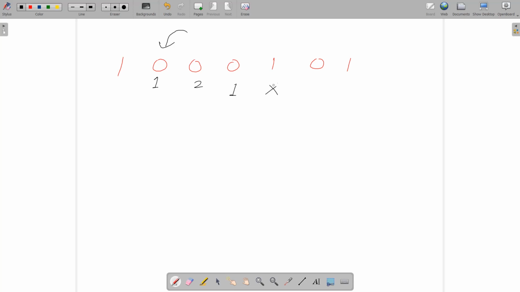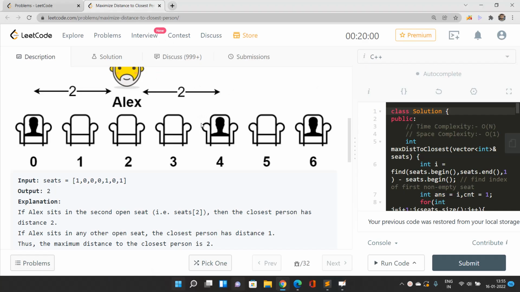The person cannot sit over here because this is already occupied. And if the person sits over here, the distance is 1 and 1, so the answer is 1. You need to return the maximum element. You can see 2 is the maximum element, so your answer comes out to be 2.